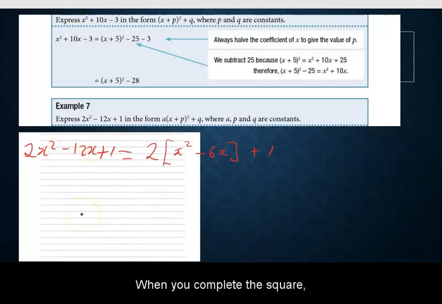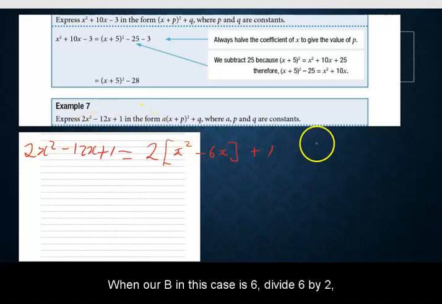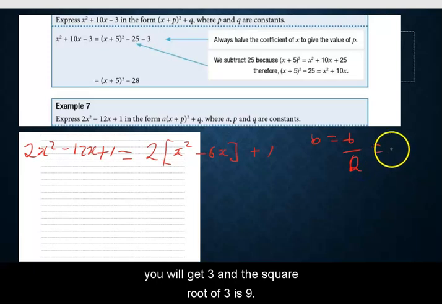When you complete the square, it will simply be dividing b, when our b in this case is 6. Divide 6 by 2, you will get 3, and the square of 3 is 9.